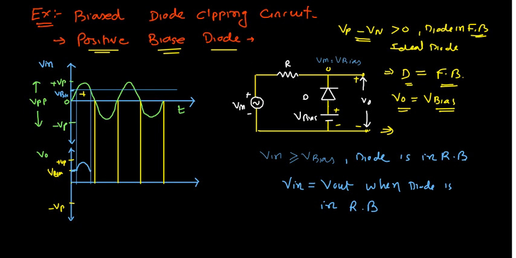Now once again this V input is trying to get down from the V bias supply. At that time once again this condition reaches this one, and once again the diode is in forward bias, and V output is nothing but V bias.